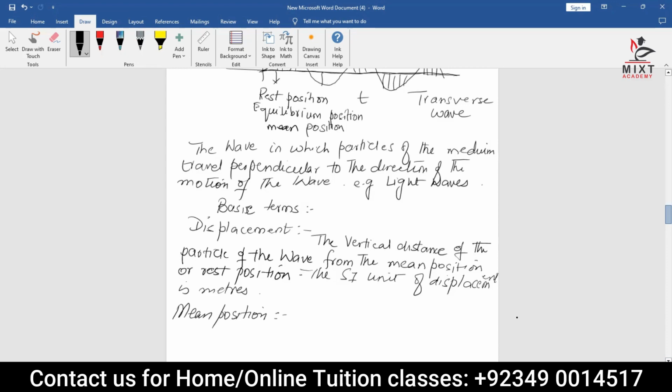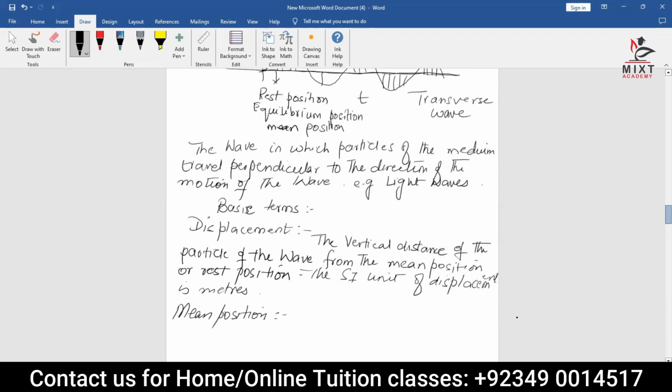Nobody's participating. Hello? So we haven't discussed longitudinal waves yet. No problem. First, we have to discuss these transfer waves. And once the transfer wave is finished, then we'll jump to longitudinal wave because longitudinal waves are a separate topic. We have to discuss all the terms in longitudinal wave as well. So once we finish with transfer wave, we will come to longitudinal.